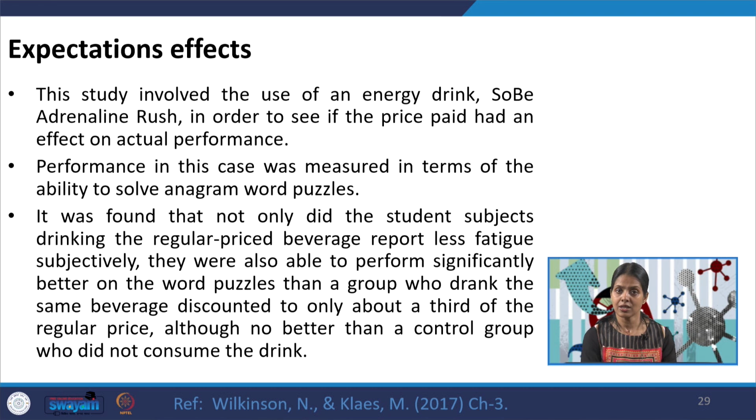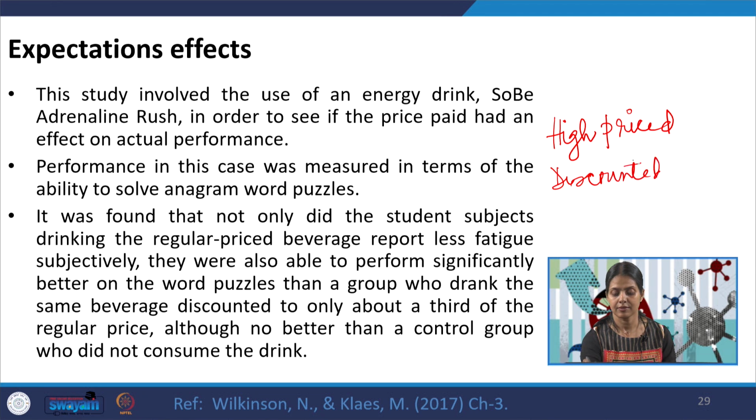So, see here there are 3 groups, one who drank the high priced drink, that is regular price, then we had a discounted drink, and then there was the third group which actually did not drink anything.